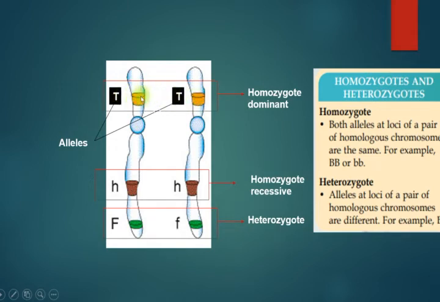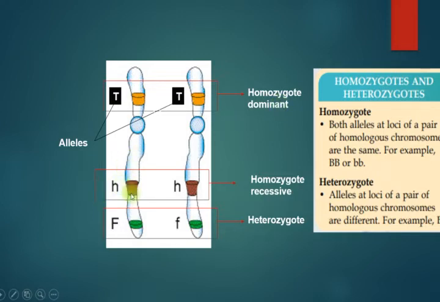When both of them are the same allele, big T, they are called homozygote. Because big T is the dominant allele, we call them homozygote dominant.